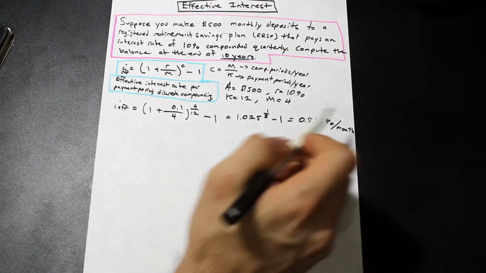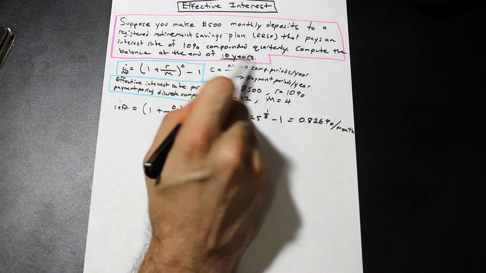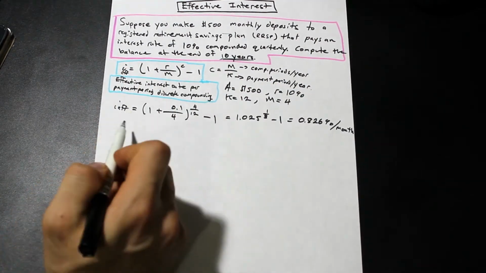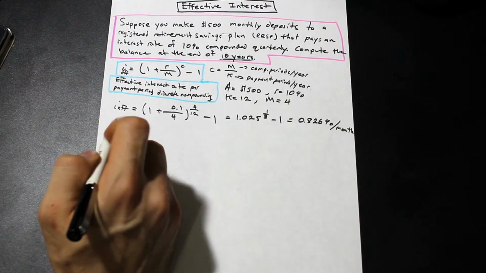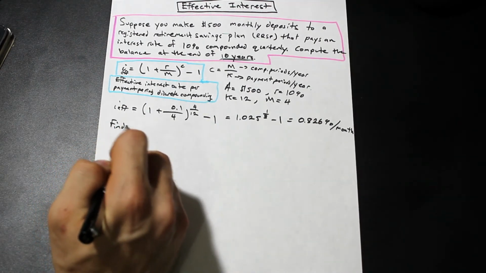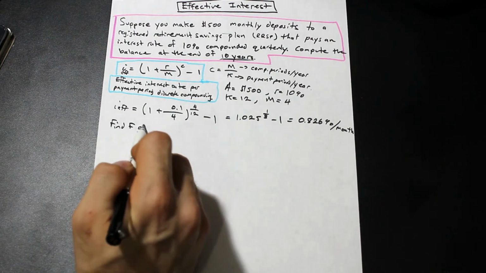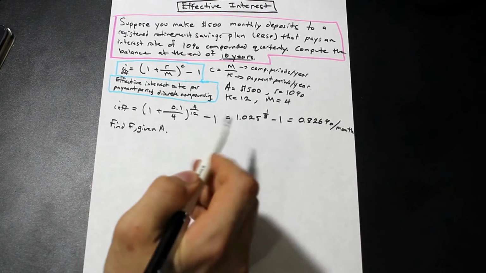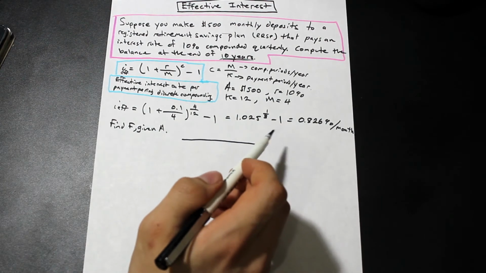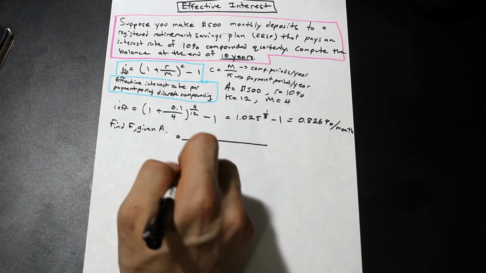So what we did is we converted the interest rate to the deposits. Now that we did that, we can start to solve what the question is asking for, which is to compute the balance at the end of 10 years. We need to apply our F given A formula. Let's say this is year 0.